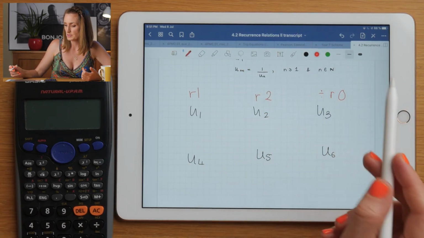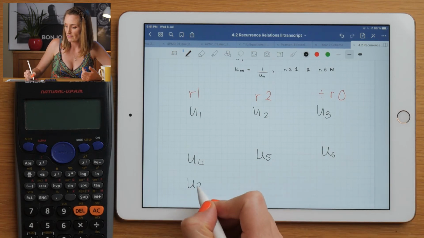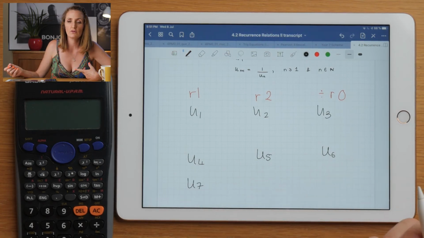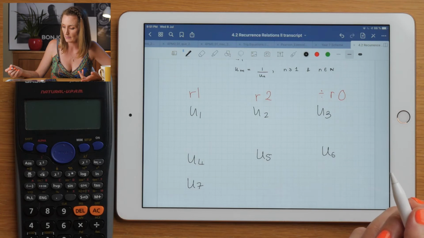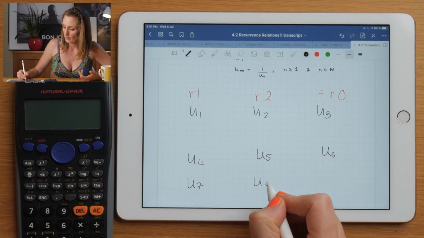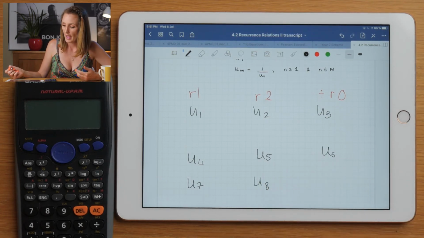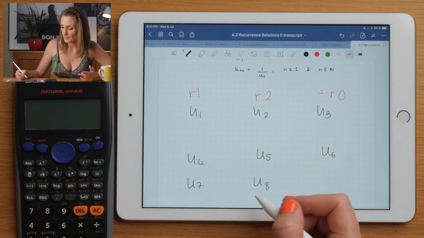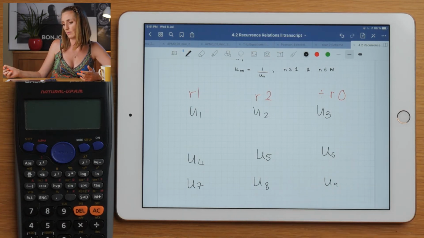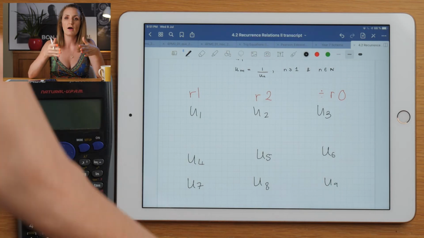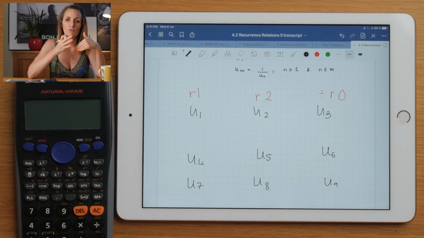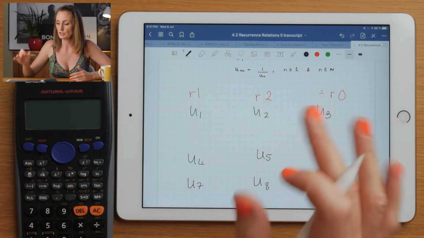So for example, U7, 7 divided by 3, 3 goes into 7 twice and leaves 1 over. U8, 8 divided by 3 goes twice and leaves 2 over. And U9 can divide by 3 perfectly. So if you divide the number by its period and look at what the remainder is, that can help you see which column you're in.